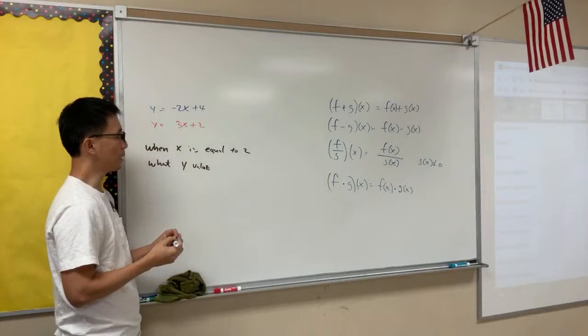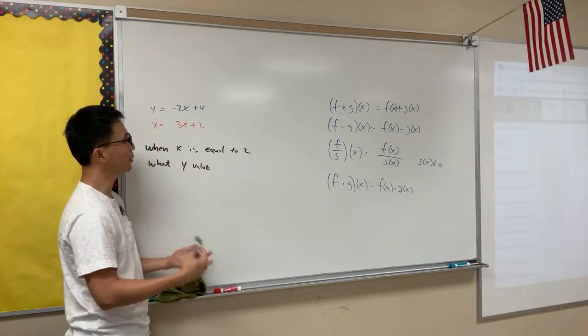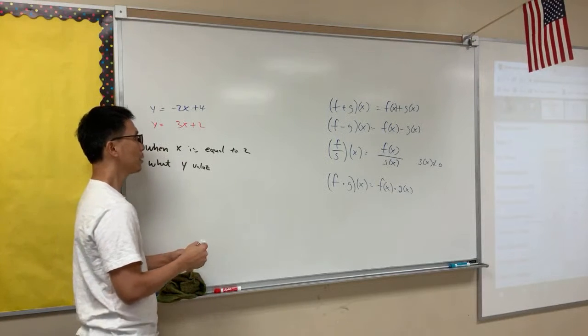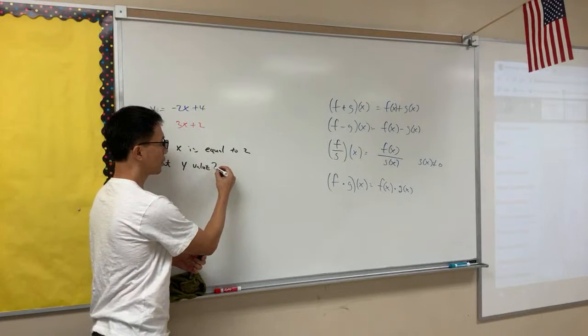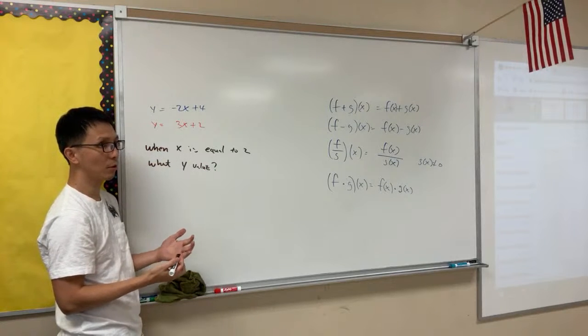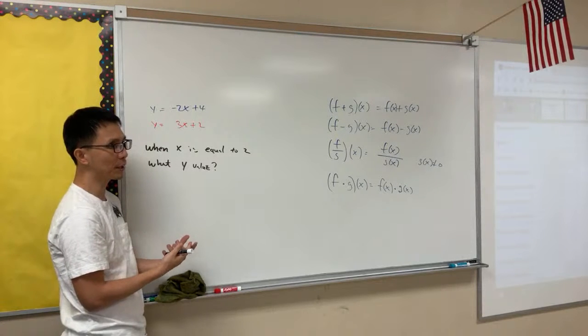The equations say y equal to negative 2x plus 4, y equal to 3x plus 2, and then when x is equal to 2, what is the y value? Now, what is your question for me? Which one? Which one, exactly. So which y am I asking? It's very hard to differentiate that.